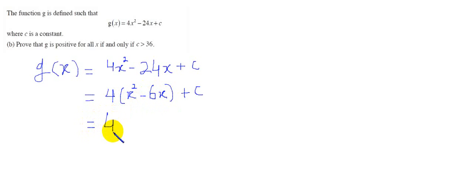Okay, so 4 and then x squared. I will write 3 squared here, and then I'll write minus 2 into x into 3.